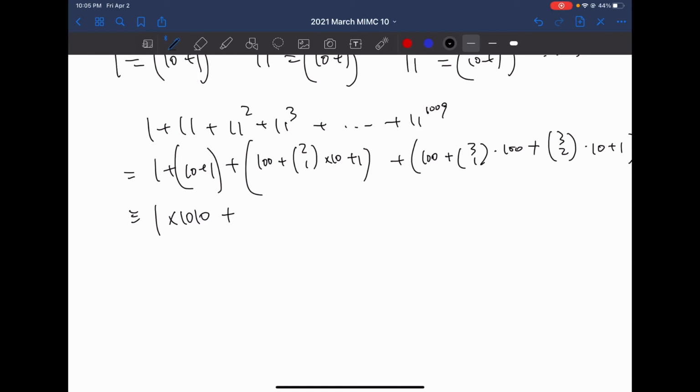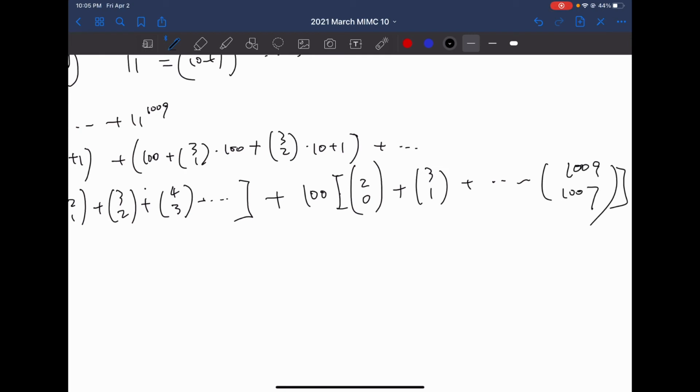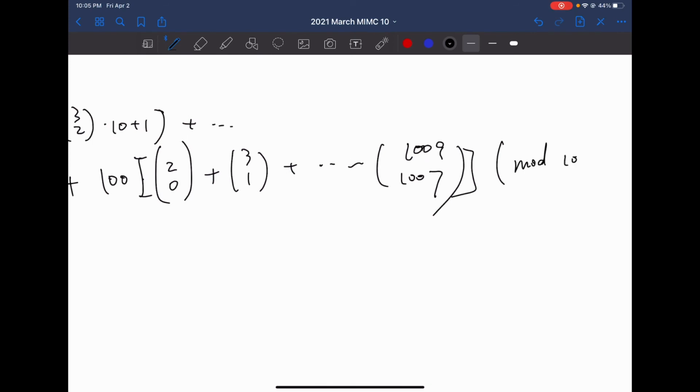Plus, for the 10 coefficient, it is basically times 1 choose 0 plus 2 choose 1 plus 3 choose 2 plus 4 choose 3, etc. And for 100, it would be the sum of 2 choose 0, 3 choose 1, plus all the way to 1,009 choose 1,007. And that is mod 1,000.